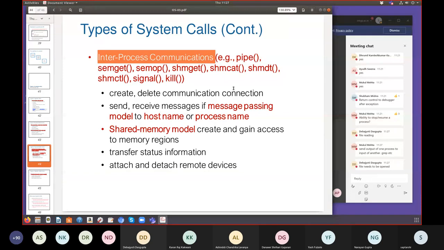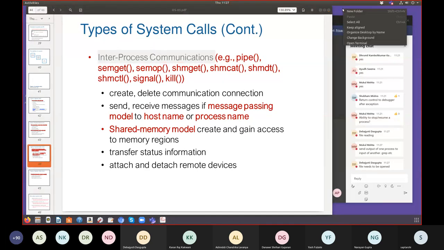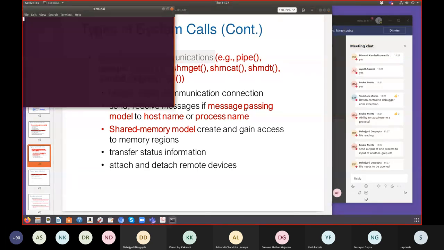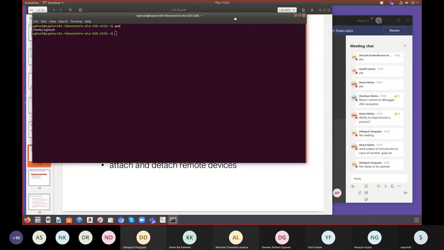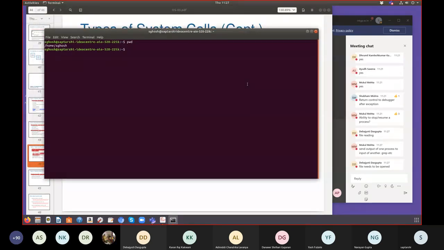So let me just demonstrate one small thing. Can you see a shell on my screen? Can you see a shell? A command line.